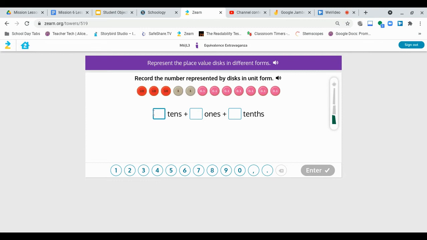How many tens do I have? Well, I have 1, 2, 3. 3 tens. And then how many ones do I have? Well, I have 1, 2 ones. And how many tenths do I have? Well, I have 1, 2, 3, 4, 5, 6, 7. 7 tenths.